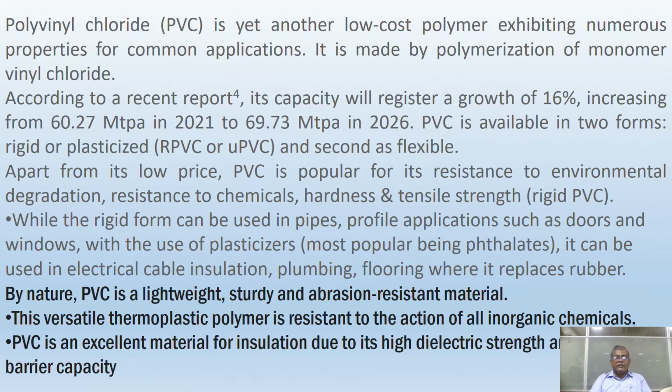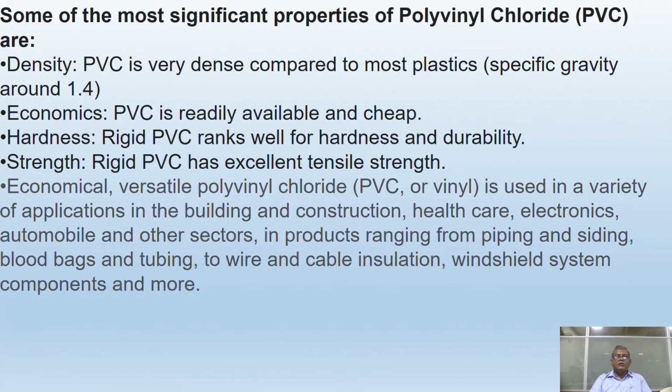PVC is an excellent material for insulation due to its high dielectric strength and vapor barrier capacity. Density of PVC is very high compared to most plastics. It is readily available and cheaper, and the strength is also good. Tensile strength is good.